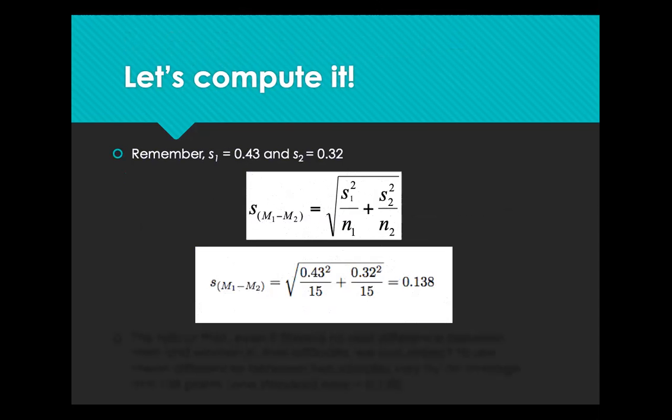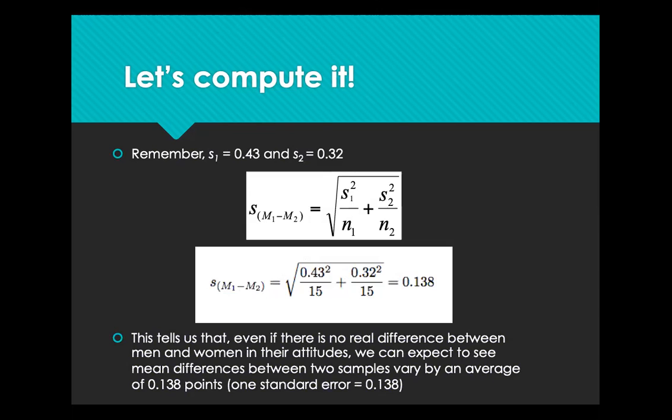So our estimated standard error is equal to the square root of 0.43 squared over the sample size of group 1, which is 15, plus 0.32 squared, that's the standard deviation of the second group, divided by the sample size of the second group, which is 15. And when you do that computation, you get 0.138.